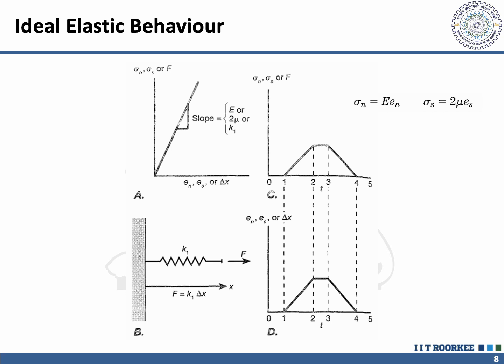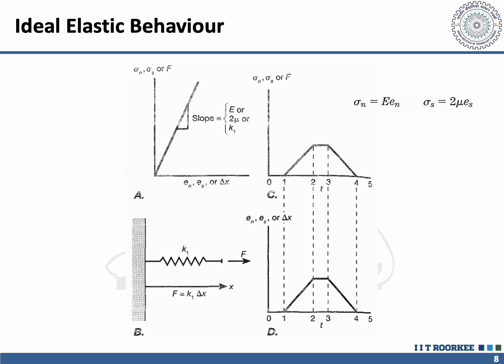This follows Hooke's law, where sigma is equal to E times epsilon, where E represents the Young's modulus and epsilon represents the strain. The straight line implies instantaneous reversible deformation.